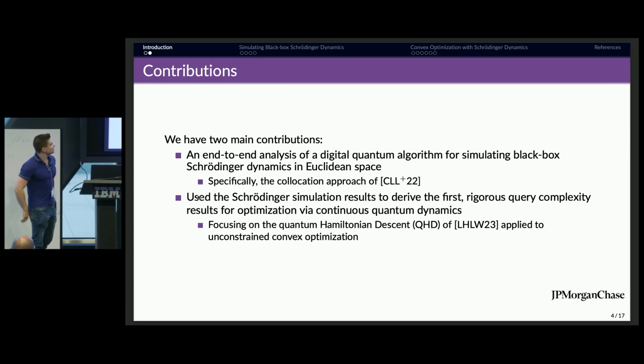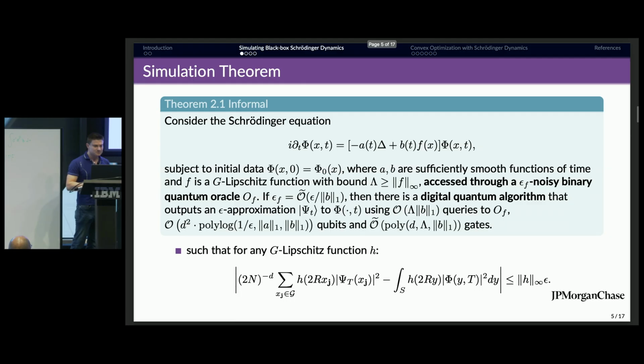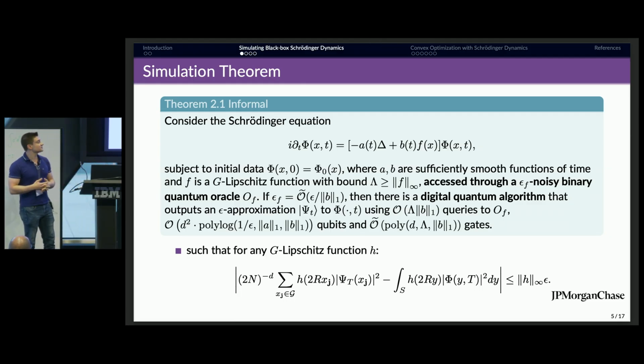The algorithm we will be utilizing for solving optimization problems, which is basically simulating the Schrodinger equation you saw before, is the result by Lang et al., the quantum Hamiltonian descent algorithm for unconstrained optimization. To start, this is our main simulation theorem, which extends the results of Childs and others.